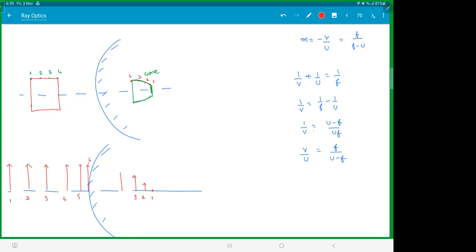It will be like this. You're getting how the size increases, as the object's height is the same. As you're coming closer, the images will go like this.